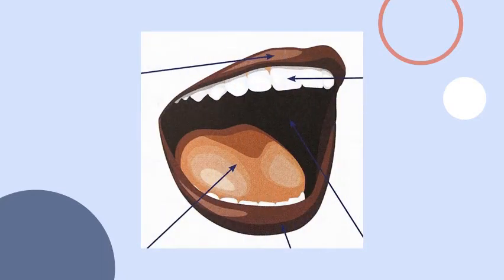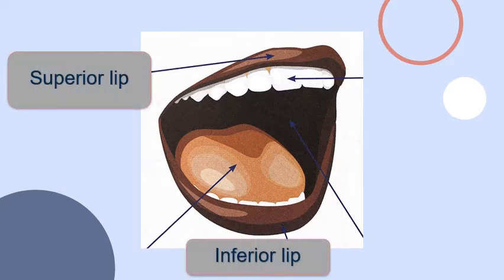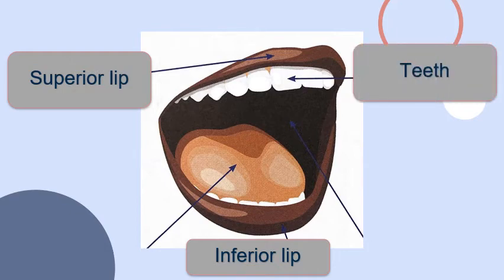Let's talk about our mouth. First we have here our superior lip and inferior lip. Yes, these two are the lips of our mouth. Superior means the upper lip, and inferior is the lower lip. We also have our teeth. Teeth are one of the components of the mouth.